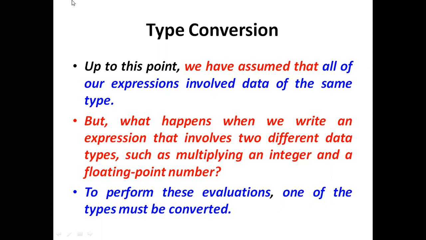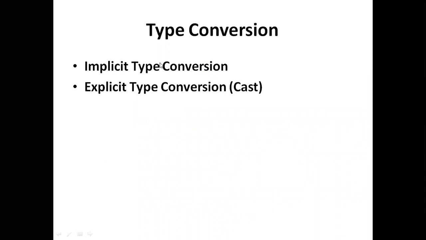Here we have two types of casting: implicit casting, which is implicit type conversion, and explicit casting.